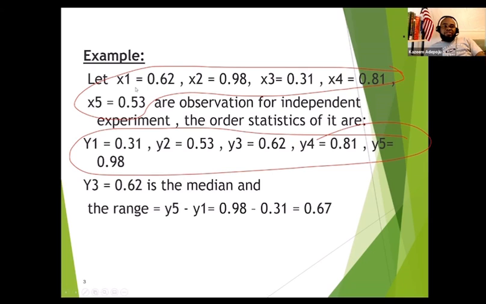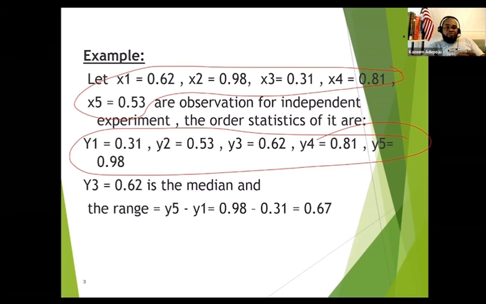So this x1 up to x5 have not been ordered, and after they are ordered, this is what we have. And after they are ordered, that gives you the opportunity to determine the median, and you can determine the range, right?